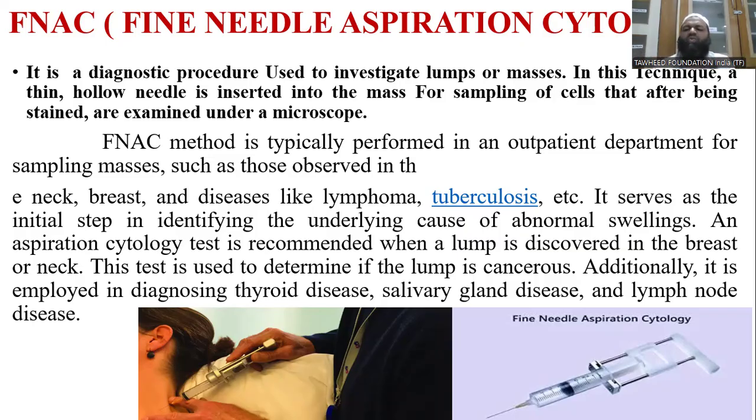Once it is tested, we can identify different types of cells, some bacterial infections, or any granulomatous matter. Whatever the content is, we come to some conclusion, and with that conclusion we can diagnose that the patient may be suffering from lymphoma, tuberculosis, or any other disease.